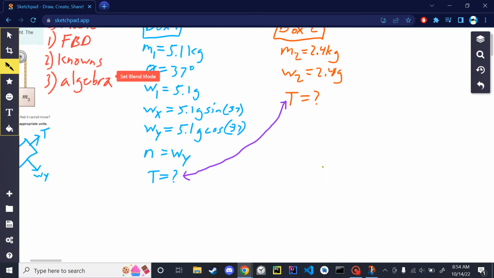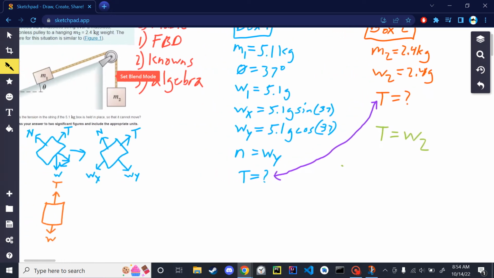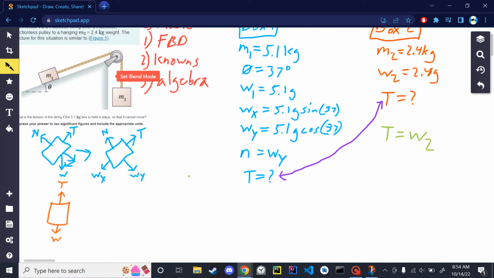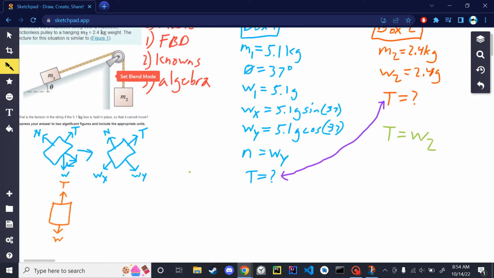In order for it to be at equilibrium, its tension must equal its weight. And then for block 1, in order for it to be at equilibrium, we know that Wx needs to equal tension as well. So now that we see that both of these have to equal tension, we can set them equal to each other.